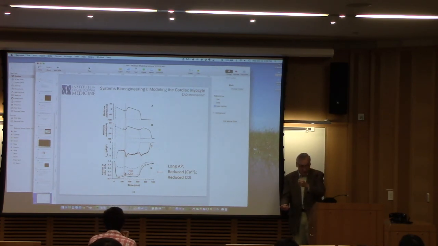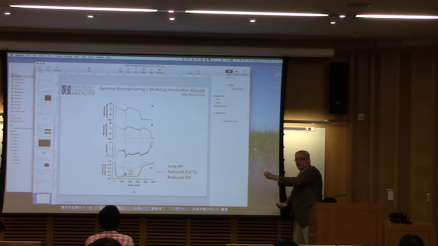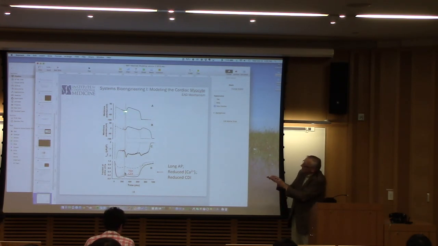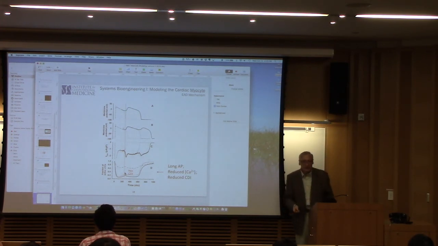They're available to open. And if we prolong the action potential, the membrane potential is still depolarized, so that will tend to drive the channels that are now becoming available into the open state. And that's what happens here. The calcium channels begin to rush into the open state, generating an inward calcium current that triggers that EAD.